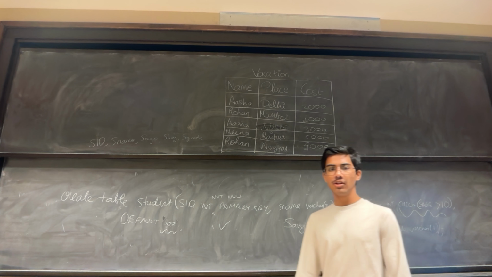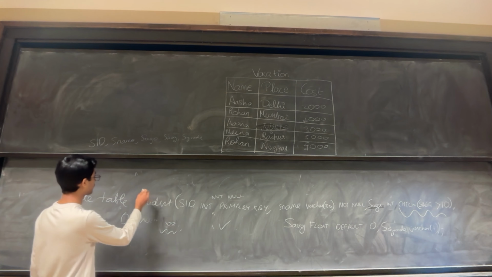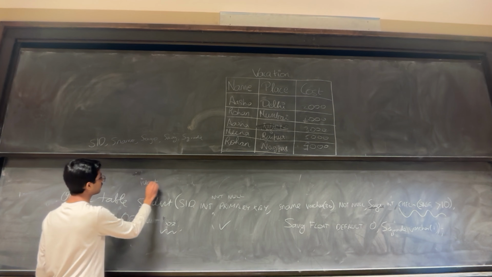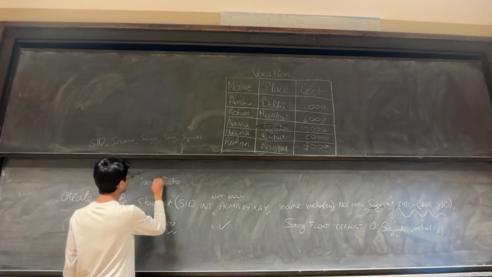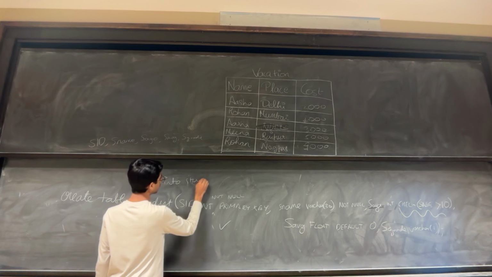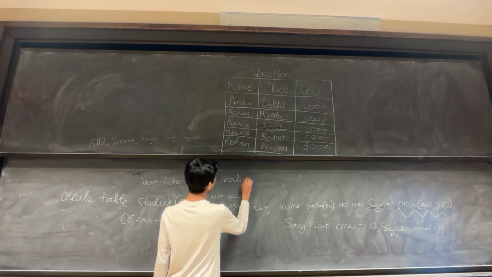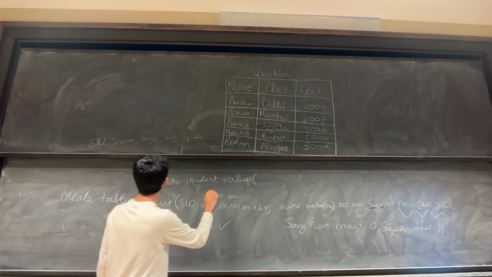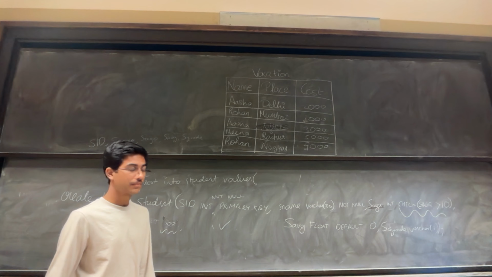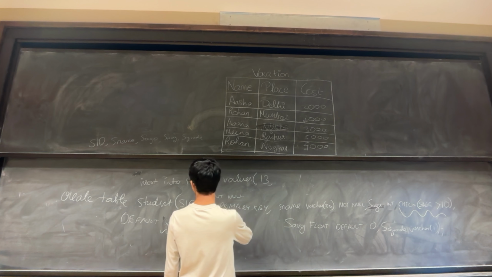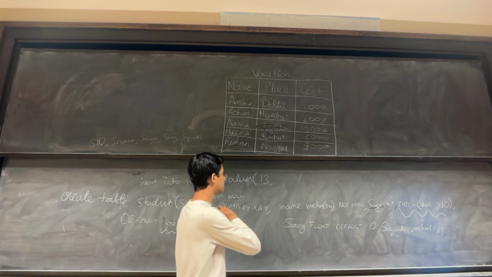Now let me try to insert a particular value. Let's write it out together. So insert into student values. The first column is the student ID. Let's say I enter 13, comma, the student's name.